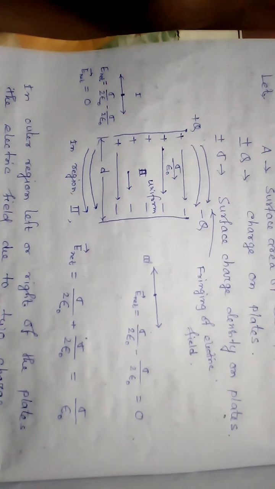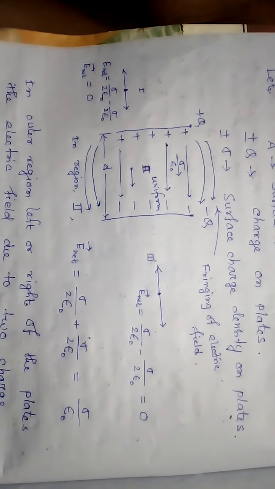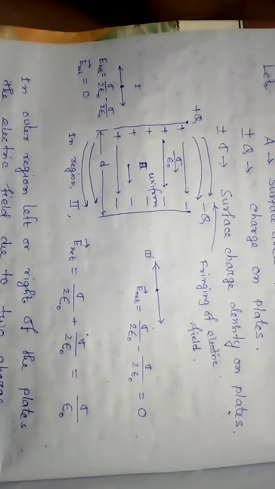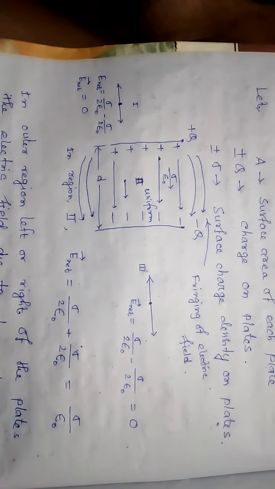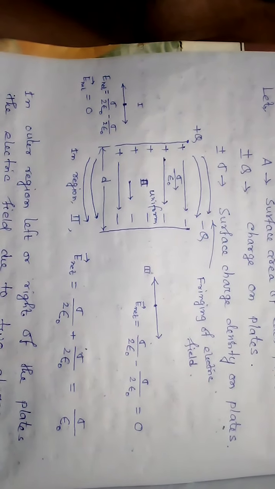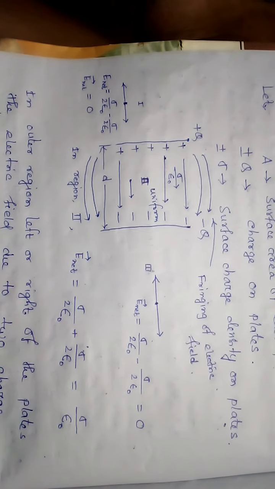The intermediate region between these two plates has a uniform electric field, and the electric field is fringing at the two open sides of the plates.